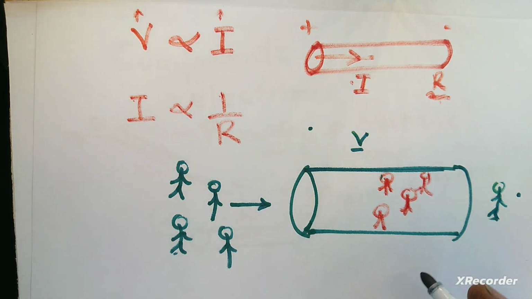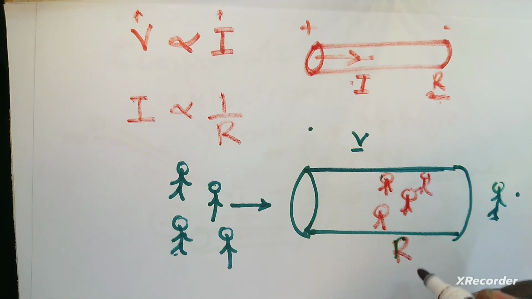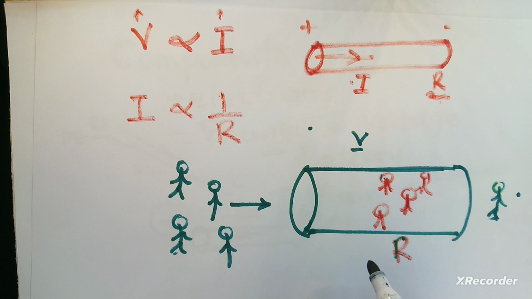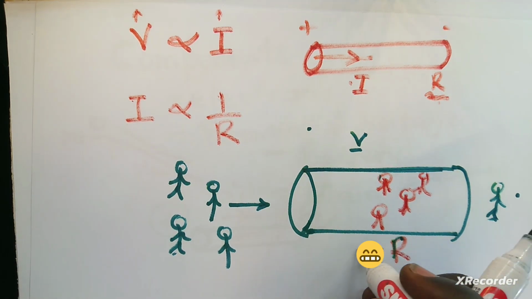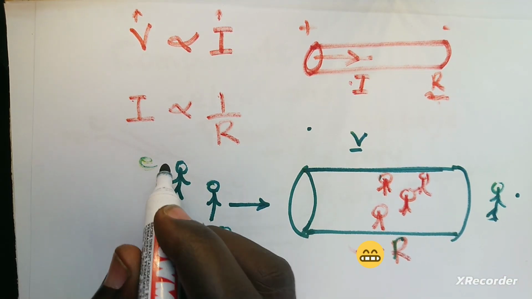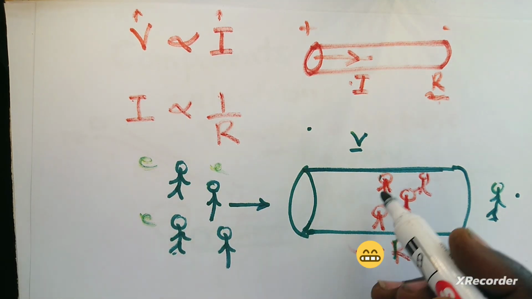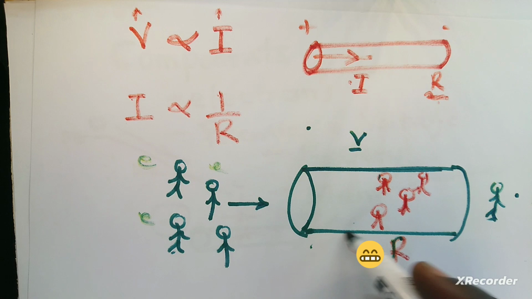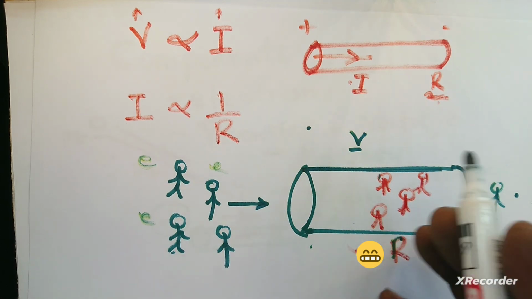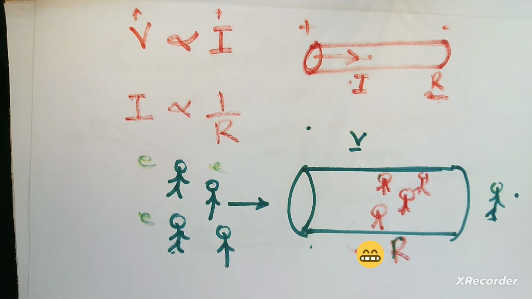So look at resistance as security personnel limiting people from going through. These people are like the electrons trying to end up on the other side, and this access is like our conductor or wire.